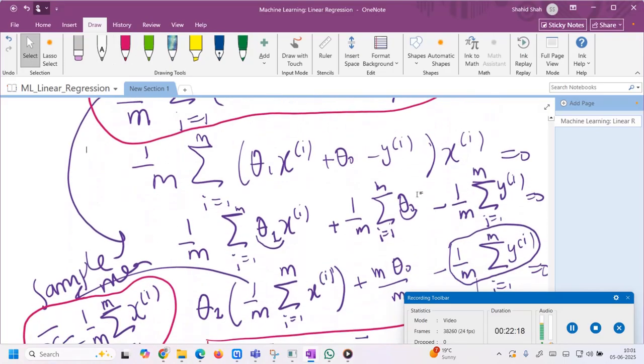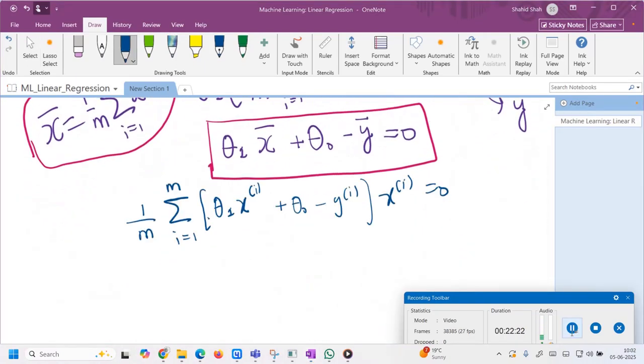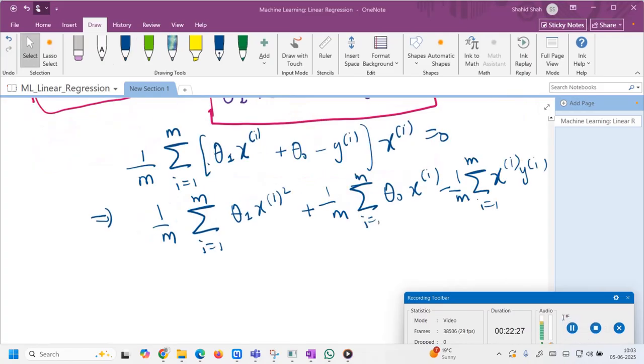Now the second equation is this. We'll try to simplify it. So this is the equation we get. Now let's simplify. What I did is multiply xi with all the three terms and then take a summation of all the terms independently. I got this.